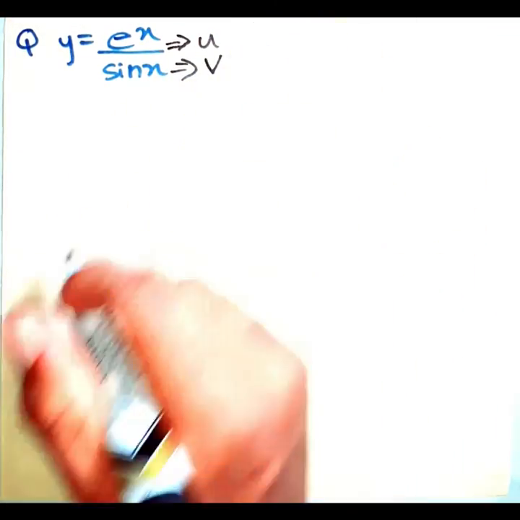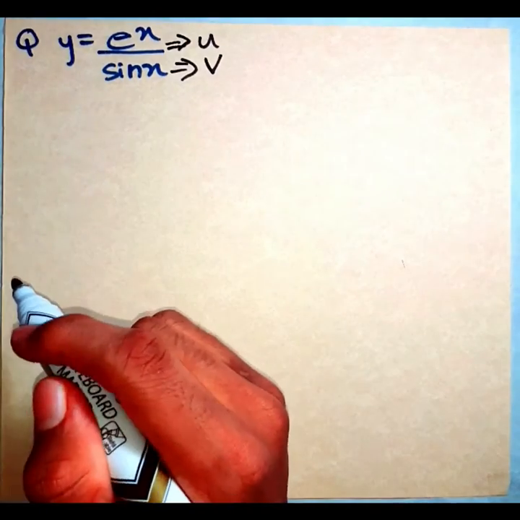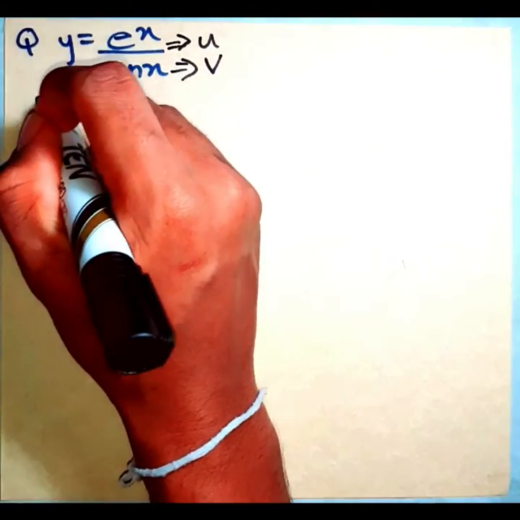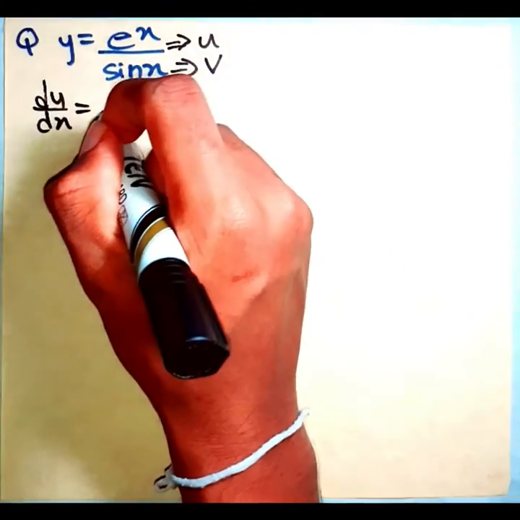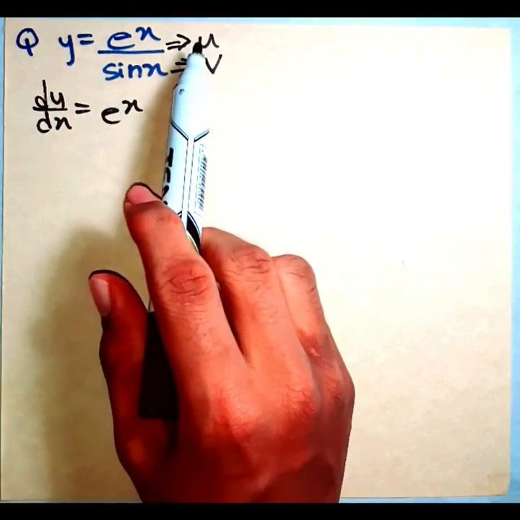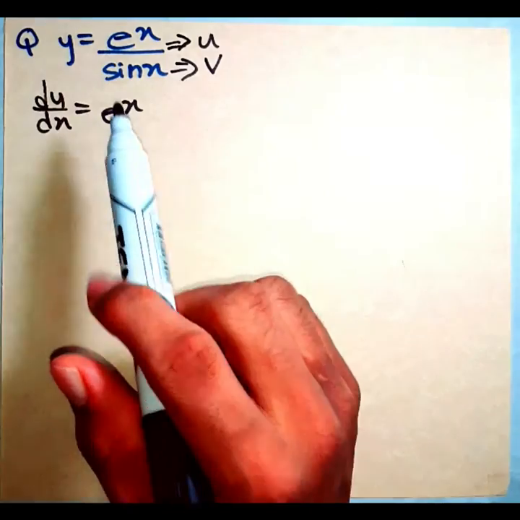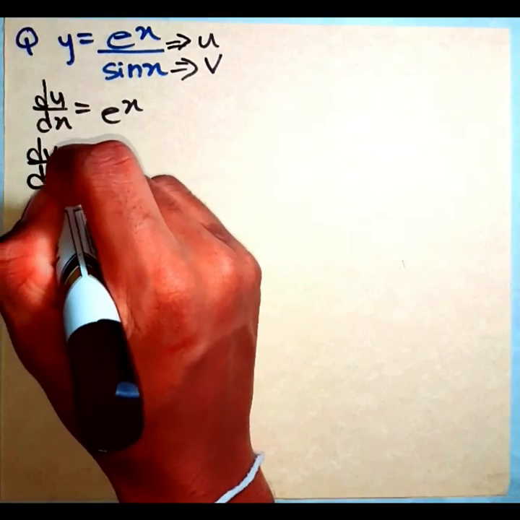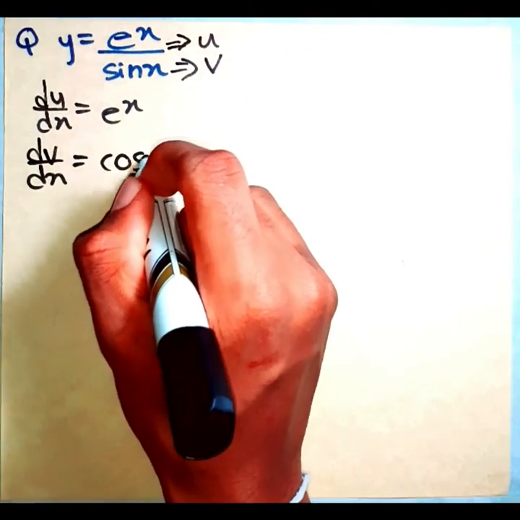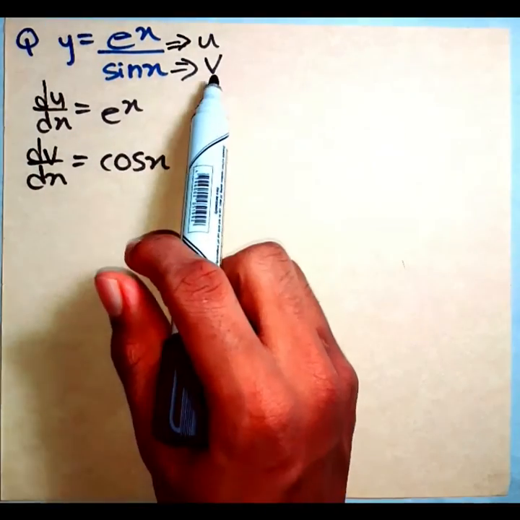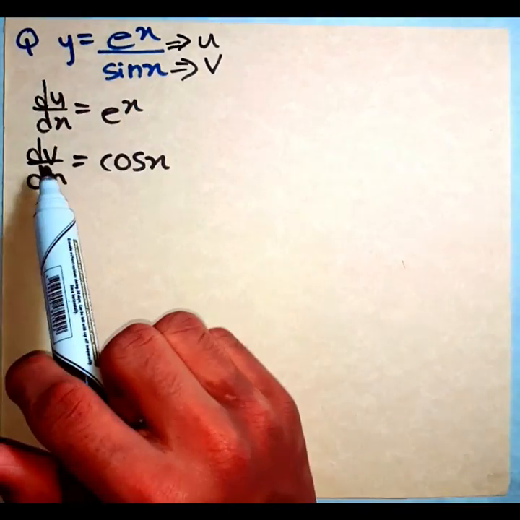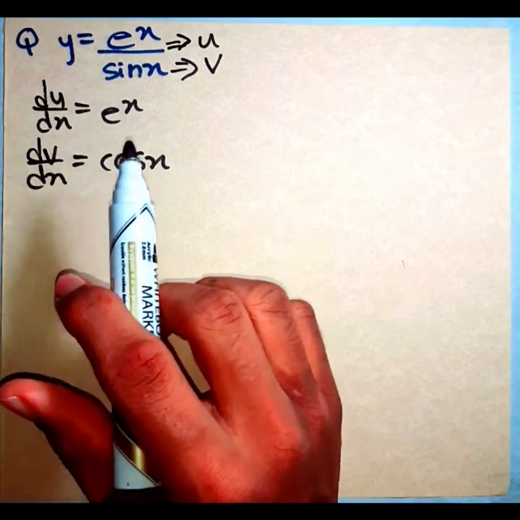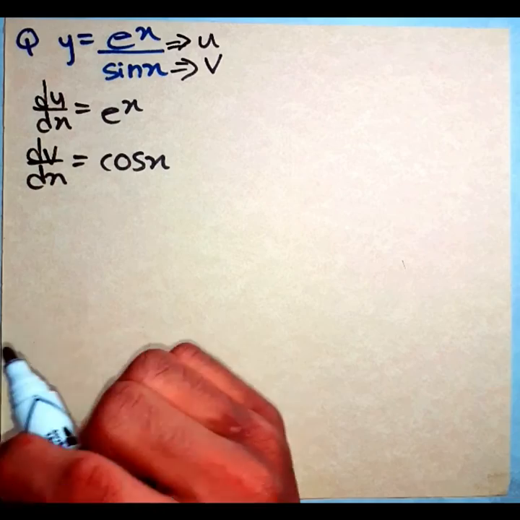Straight away we'll find du by dx and dv by dx. du by dx is going to be e to the power x, since when you differentiate e to the power x, you end up with e to the power x again. dv by dx is going to be cos x. This is because v is equal to sine of x, and when we differentiate sine of x, we get cos of x. Now it's a matter of plugging into the equation we learned.